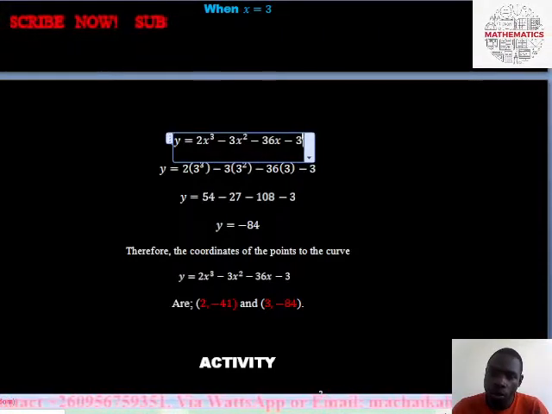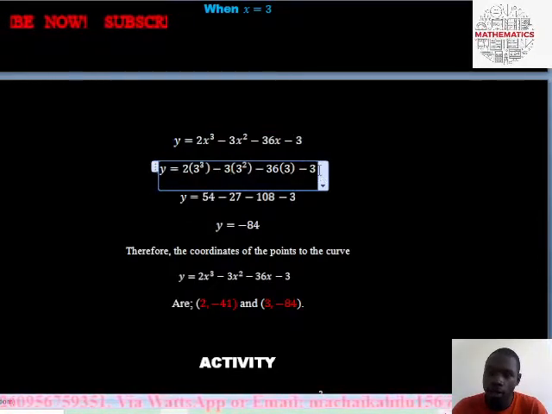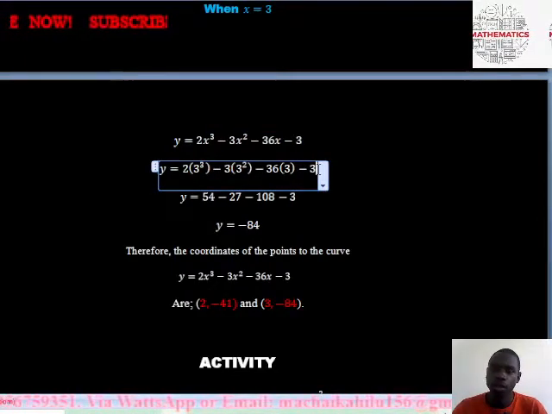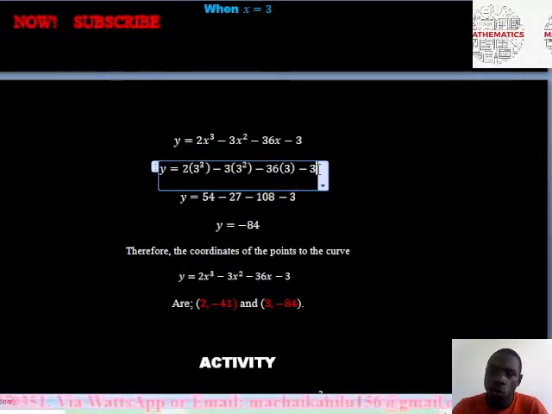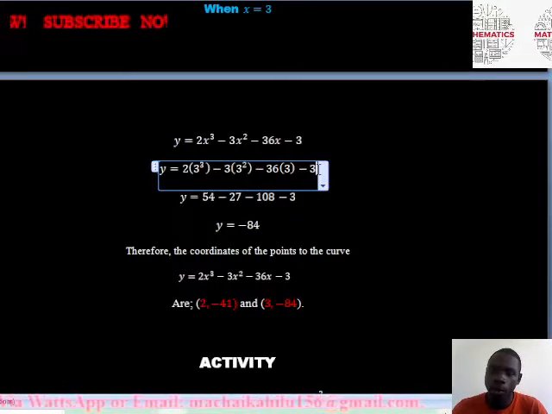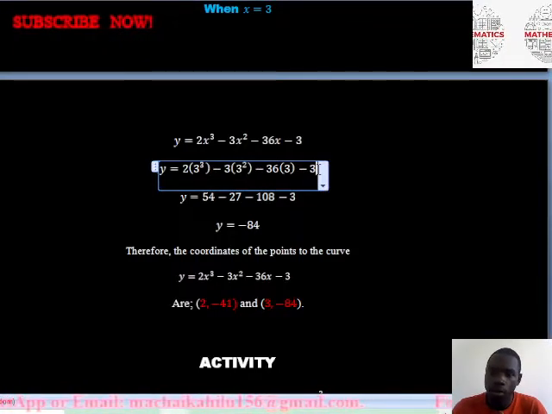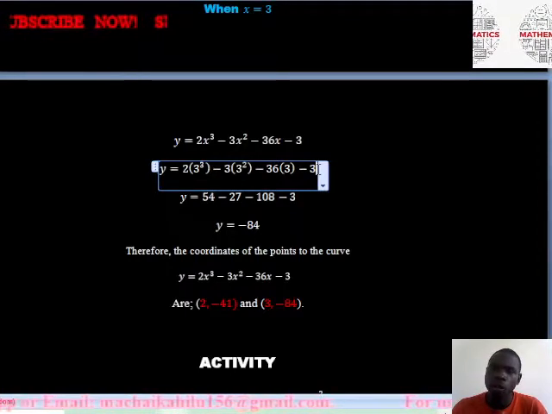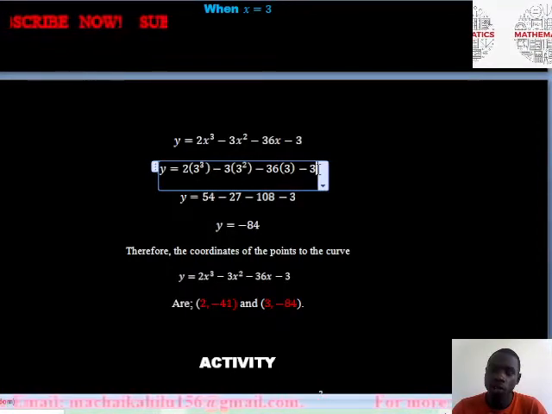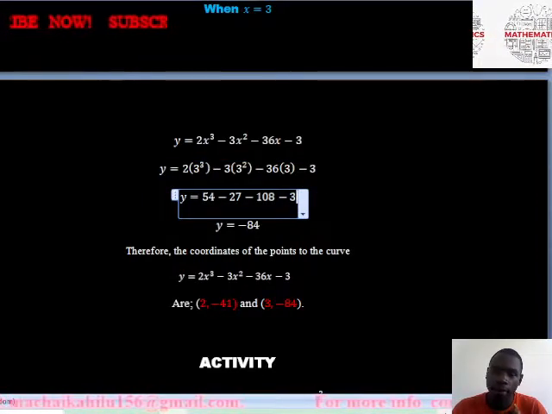So when you substitute x with +3, it will bring us in here. So we're going to say 2 open bracket 3 cubed minus 3 open bracket 3 squared minus 36 times 3 minus 3. So when you punch those figures on the calculator, it will give us this number here.